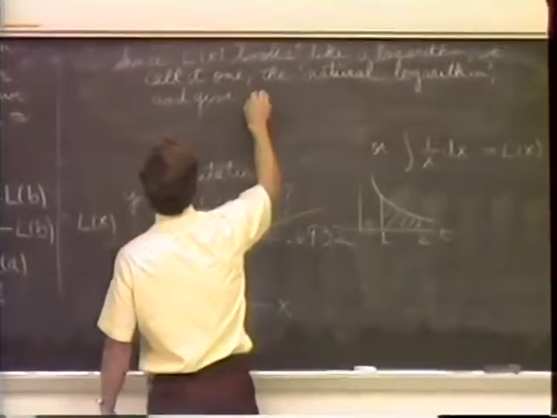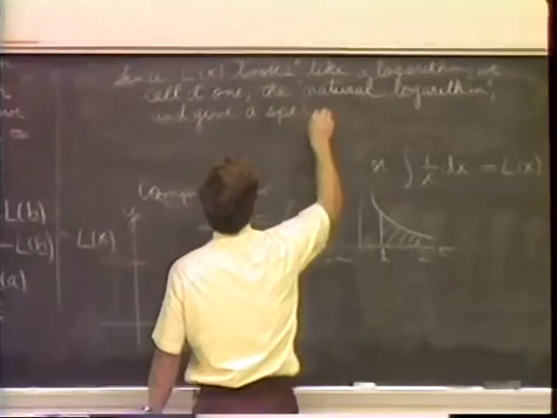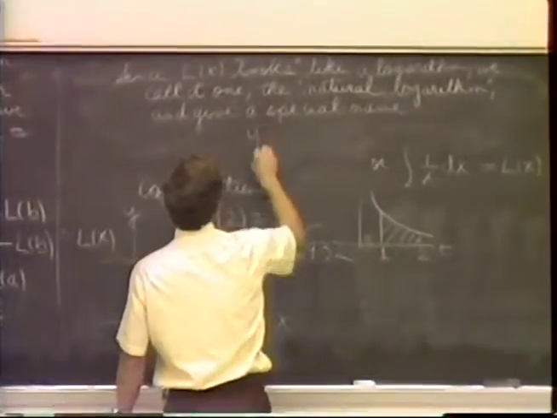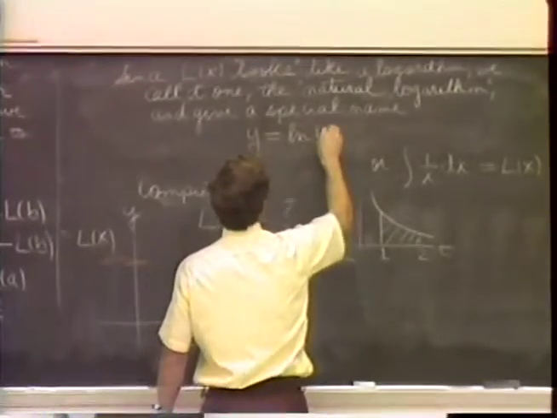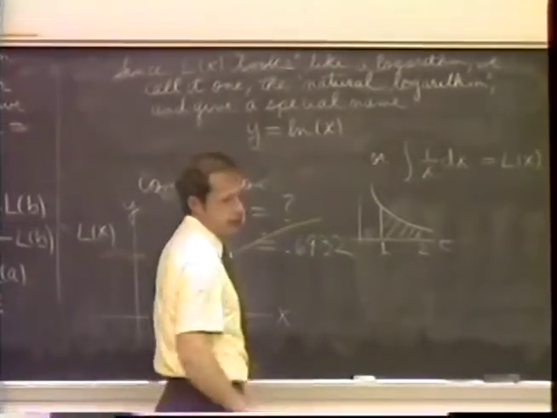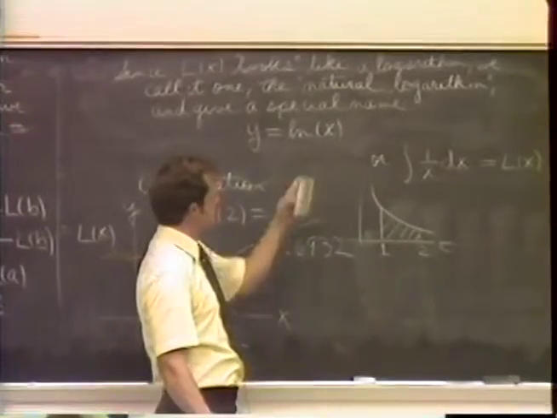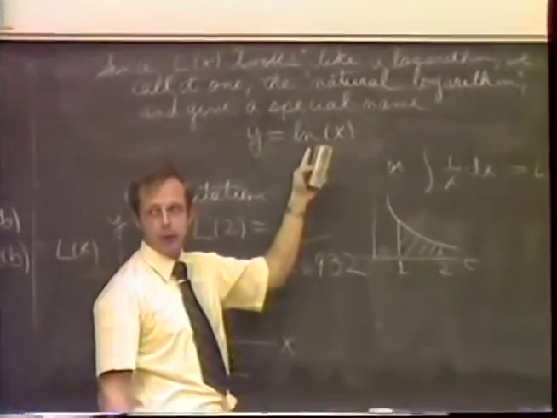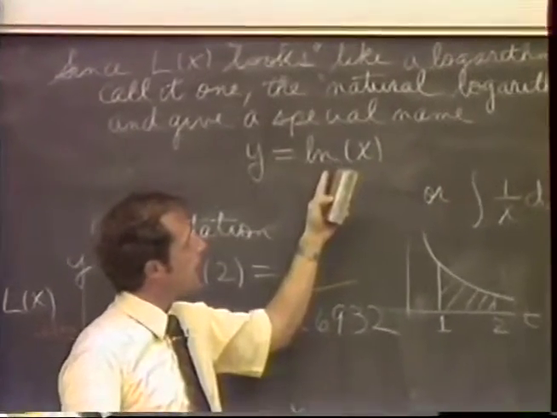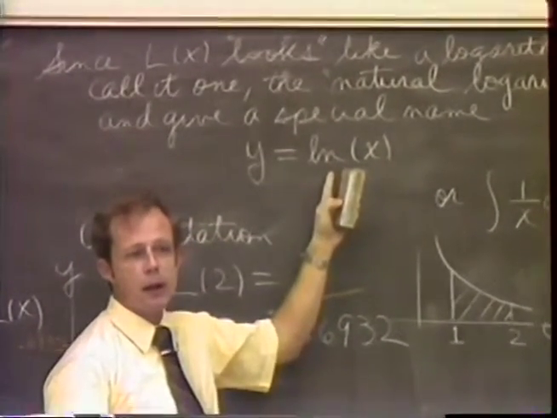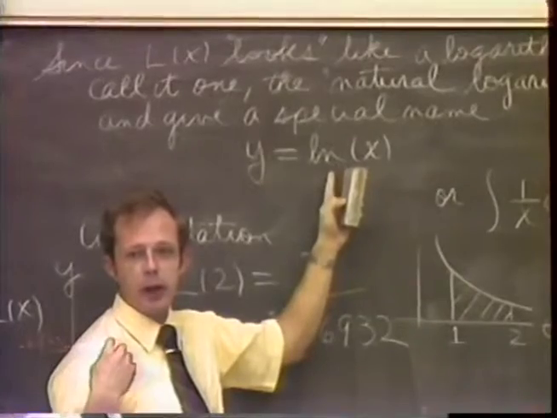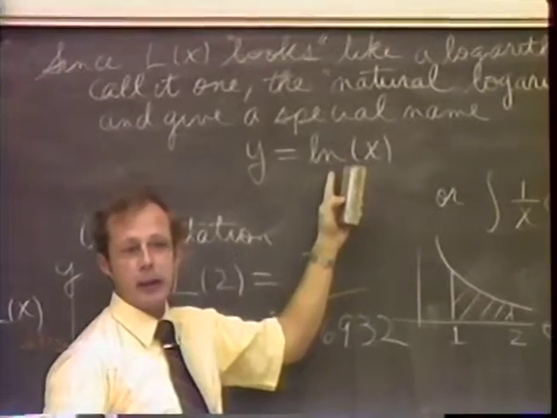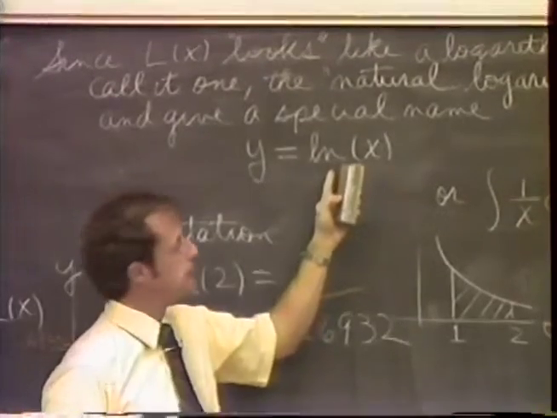And we also give it a special name, ln of x. Supposedly L for logarithm, N for natural logarithm of x. And that's the way you'll see it in the book. That capital L of x notation was purely for the introductory material. Now that we see that it is a logarithm, we call it a logarithm.